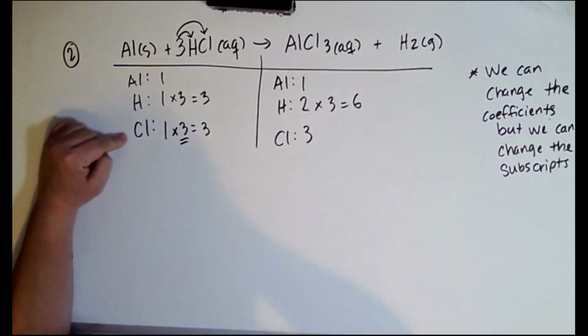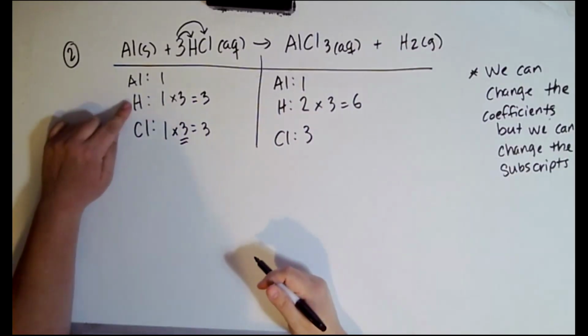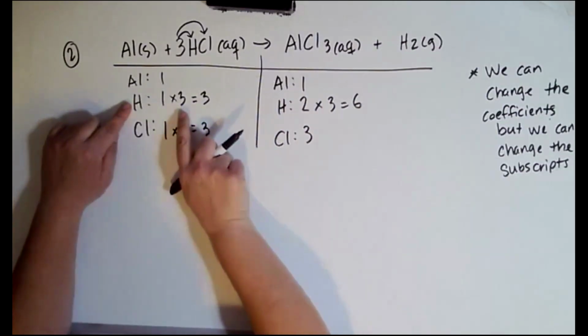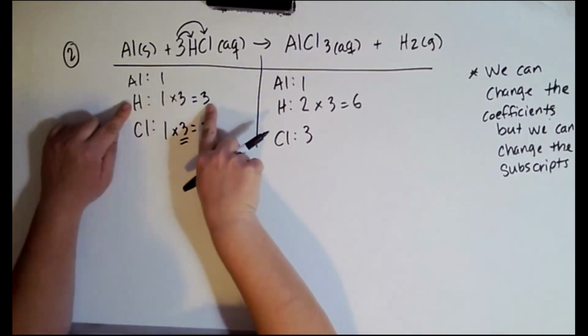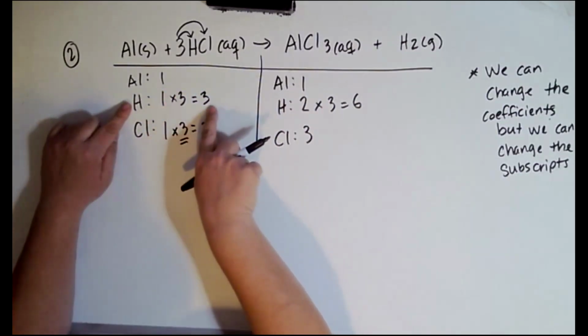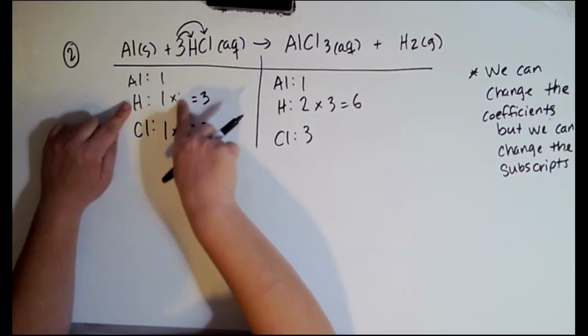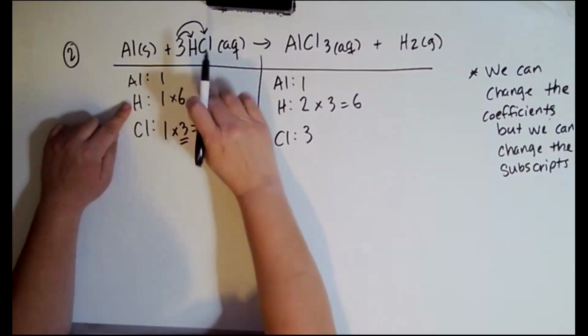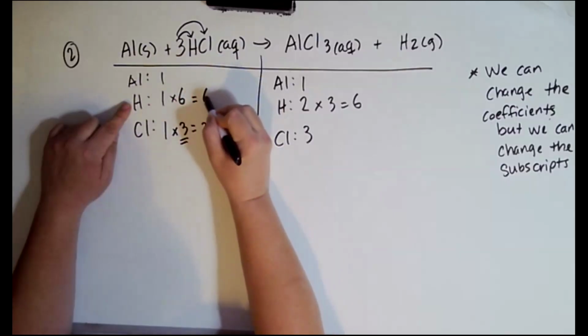And this hydrogen that's over here on the left, I'm going to have to make a little modification here, right? Because I have 3 hydrogens here, with a multiplier of 3, which gives me 3 hydrogens. But now I'm going to have to multiply that by 6 instead, so that I can have 6 hydrogens over here.